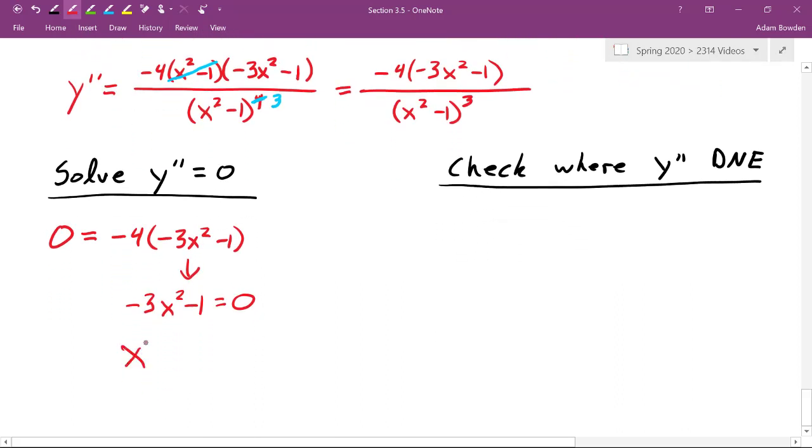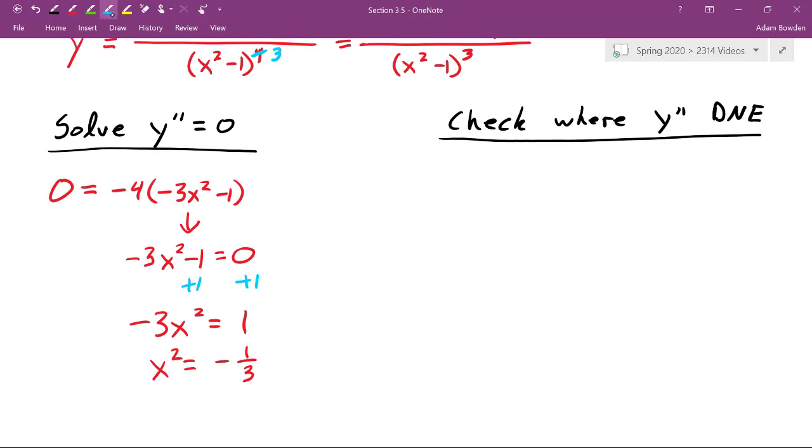So let's see, we'll have x squared equal to 1/3, or sorry, I should say negative 1/3, because if we go through the process of solving, we have to add over the 1. Negative 3x squared equals 1, so x squared is equal to negative 1/3.